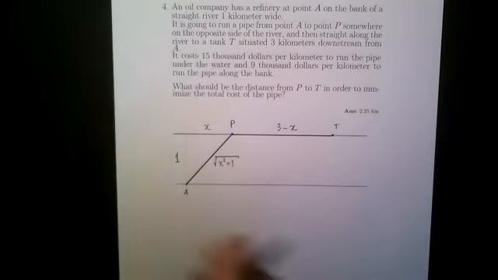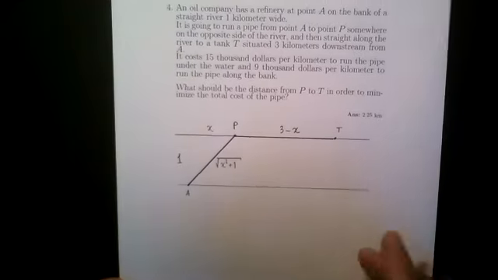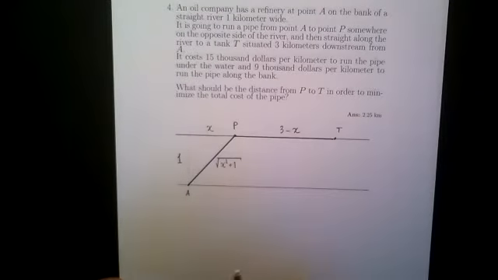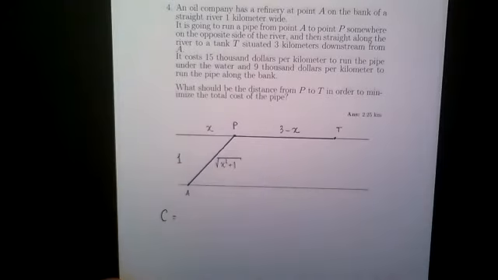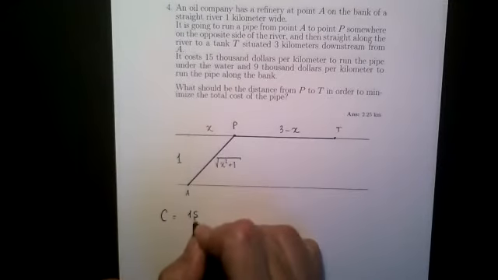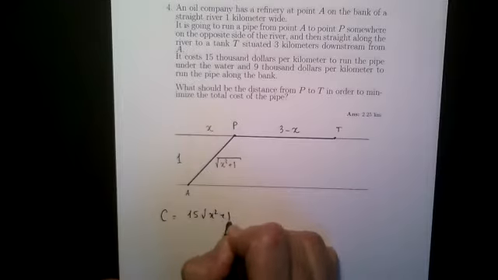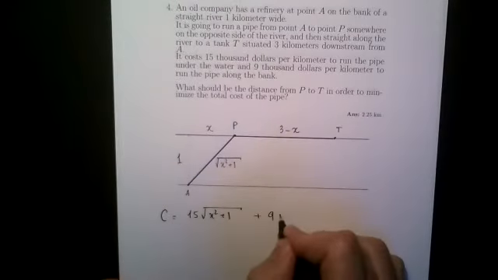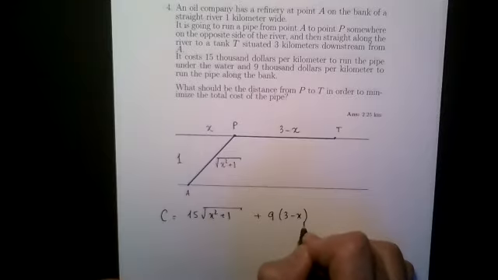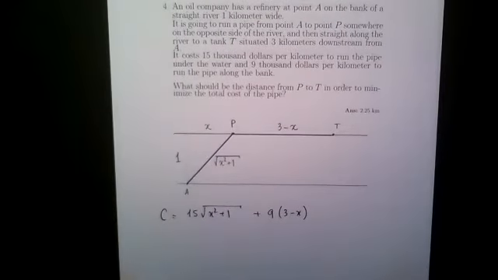Okay, and so the total cost will be, so 15 times this, plus 9,000 times this. Okay, we're good?